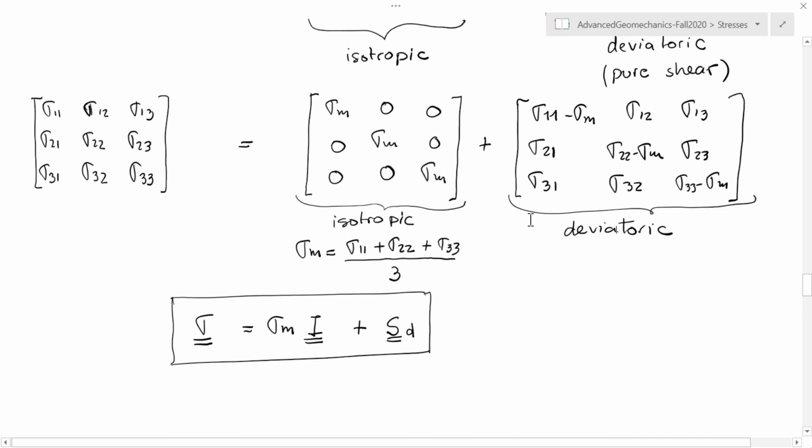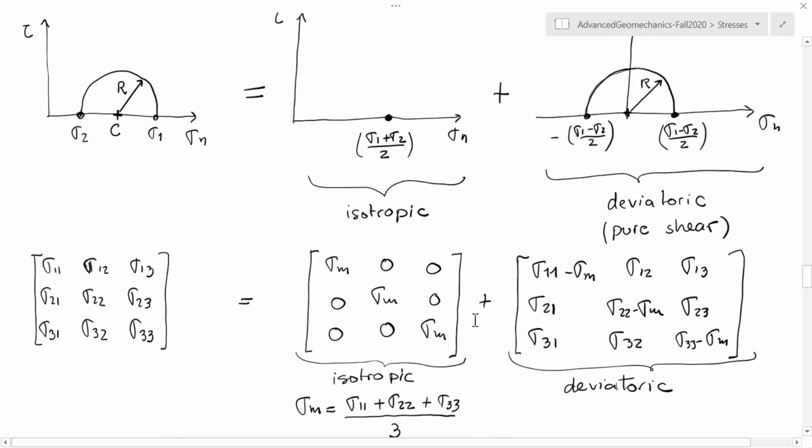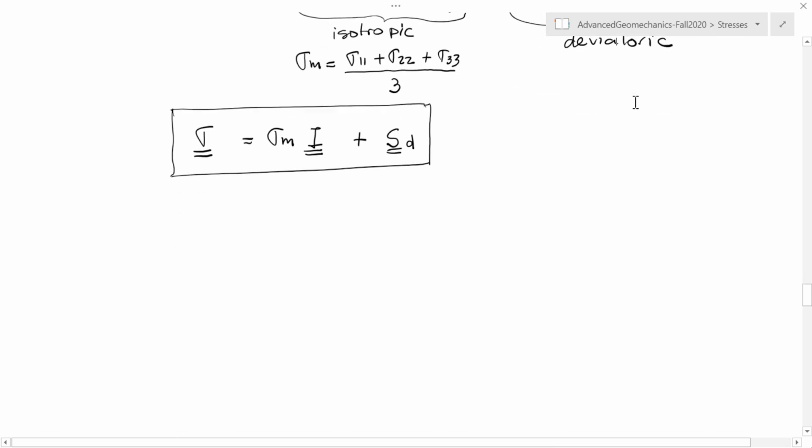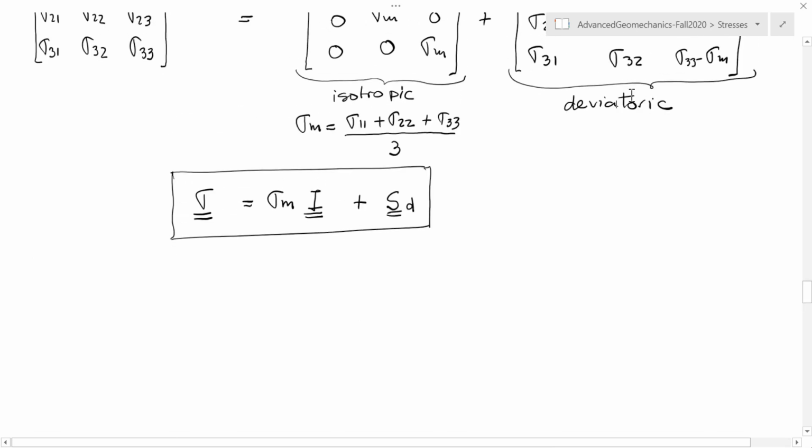In graphical terms, what we're looking for in the isotropic component is just the location of this point, how much compression or mean compression that we have, and in graphical terms, for the deviatoric stress tensor, we're looking for how much shear we have in this particular solid. And in order to do that, what we're going to use is the definition of invariants.